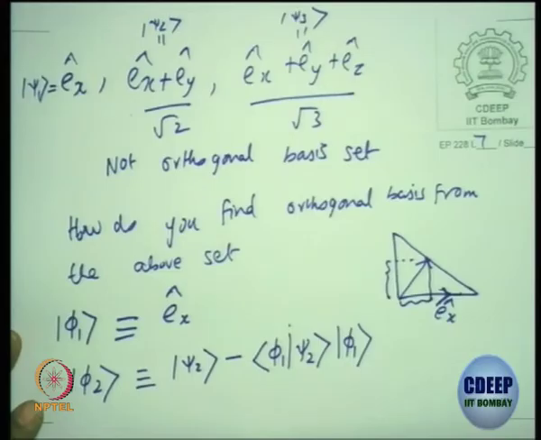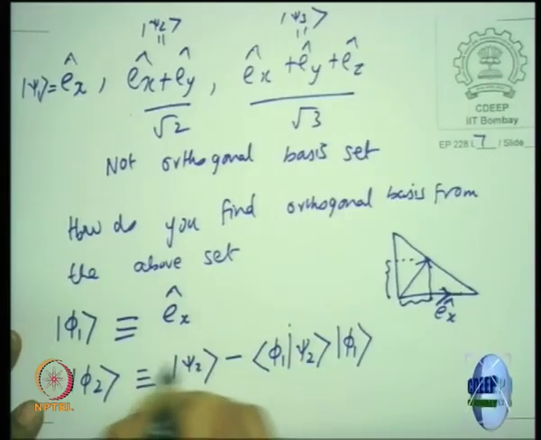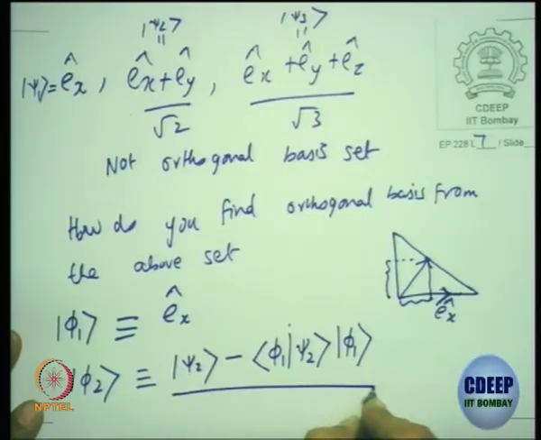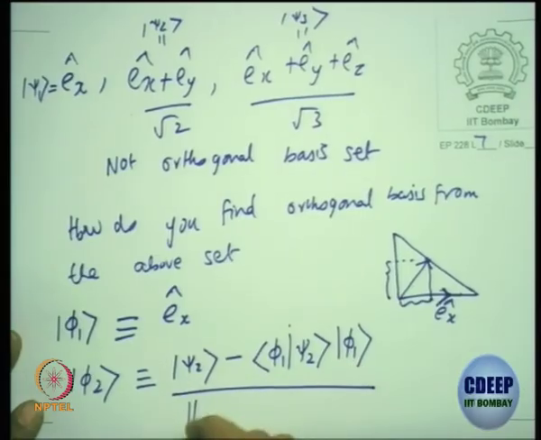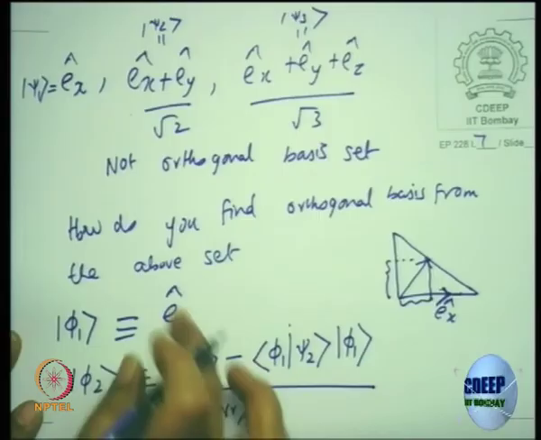May not be. Whatever is the numerator, I have to take the norm of it to make it a unit vector, right? So whatever you find here, divide it by the norm of the numerator state. Not writing it, but you understand what I mean, right? Everybody understands?